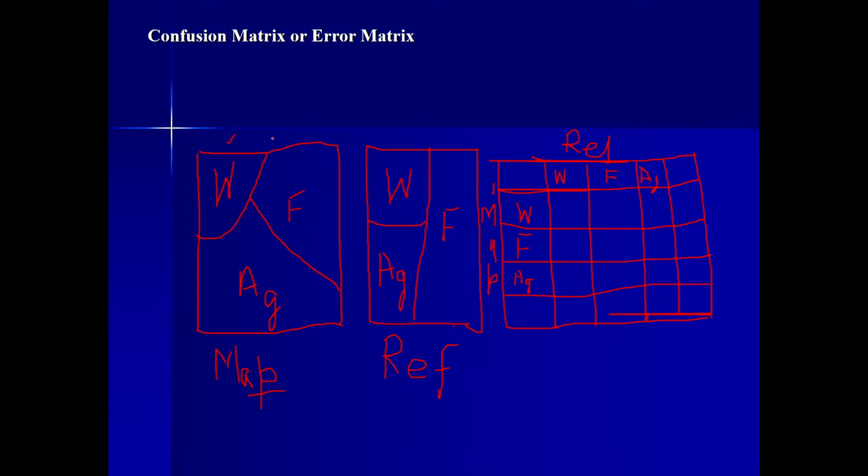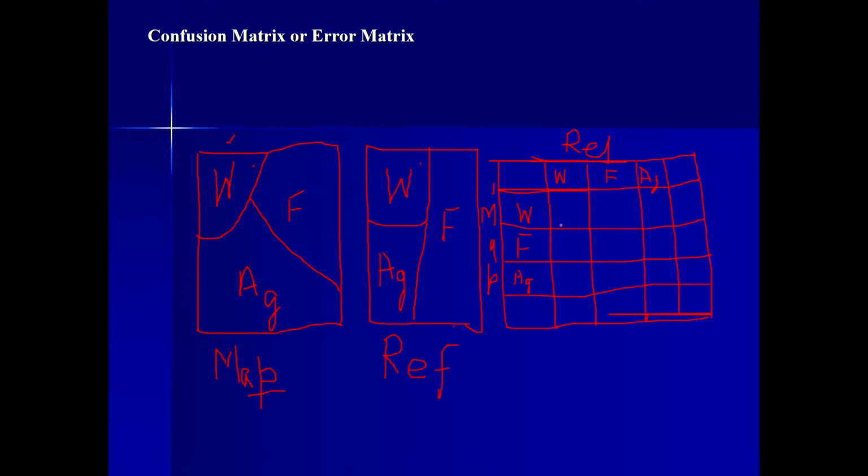But if it is stratified random, then there will be a few samples in each class. Suppose I take one random sample, and suppose it comes on the water class on the map, and at the same location on the reference map it again comes on the water class.